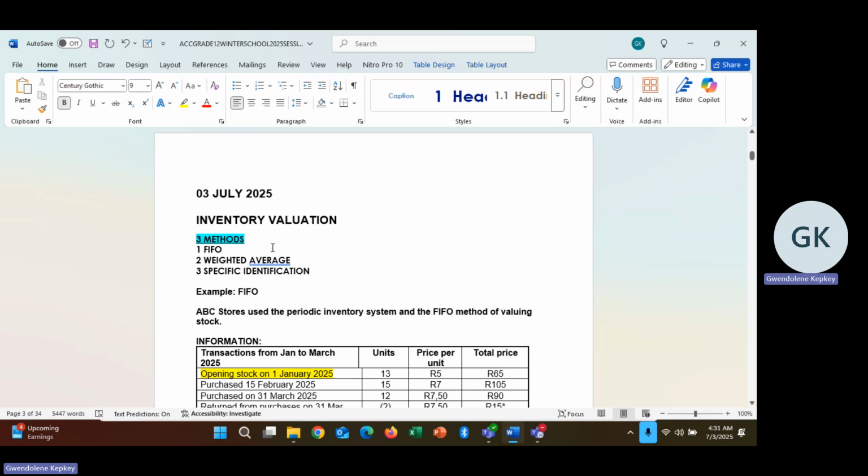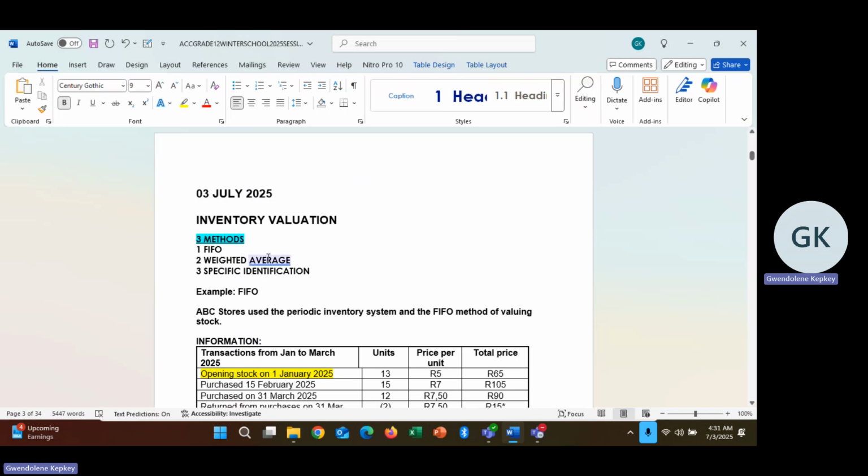We have 3 methods available for valuing my stock. The first one is called FIFO, standing for first in, first out method. So the stock that I purchase first, I will sell first. Therefore, we make the deduction that the stock that we have left is automatically the stock that I have purchased last.